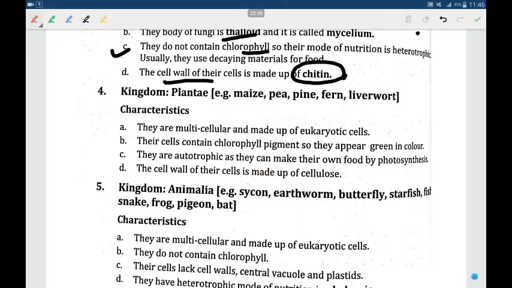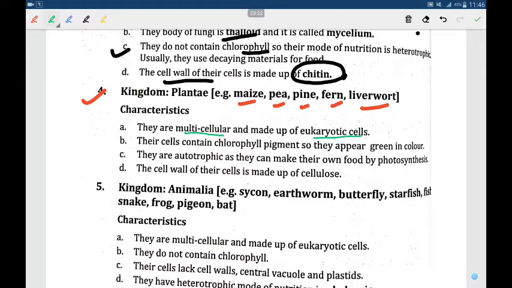Okay, students, now next kingdom is plantae. Example, maize, pea, pine, fern. What are the examples? Keep in mind. So characteristics, they are multicellular and eukaryotic.